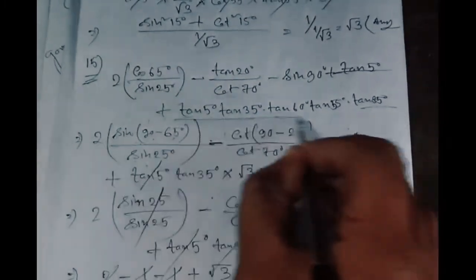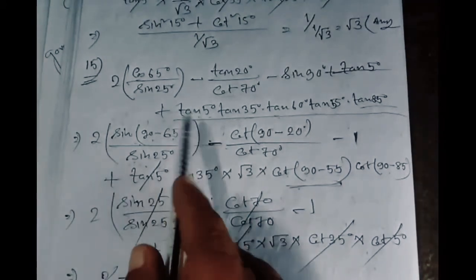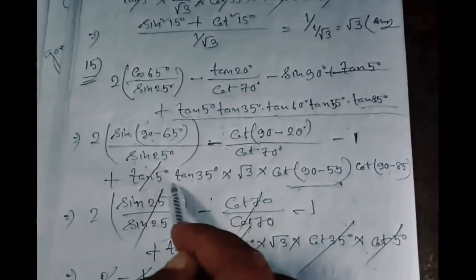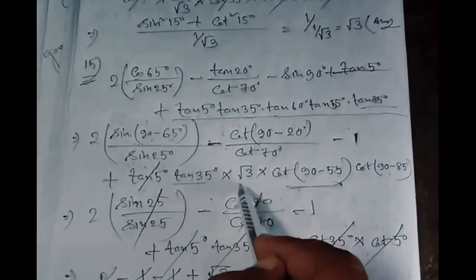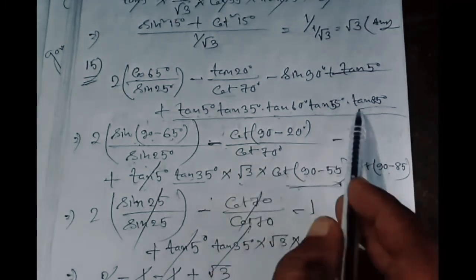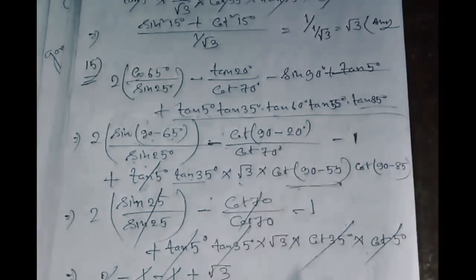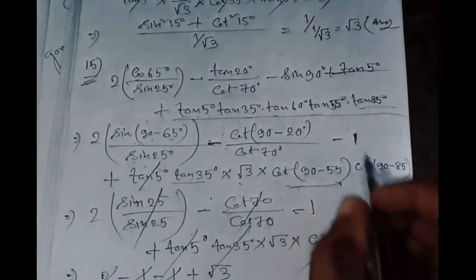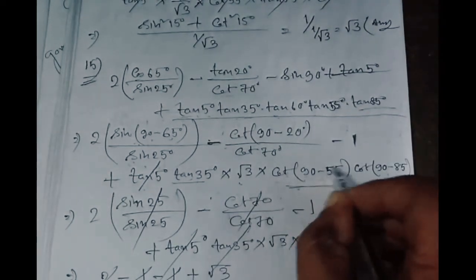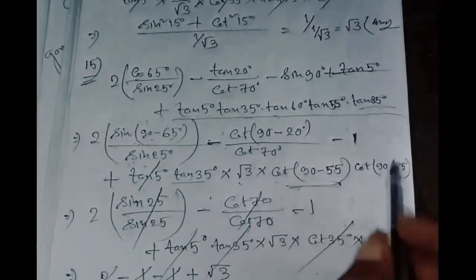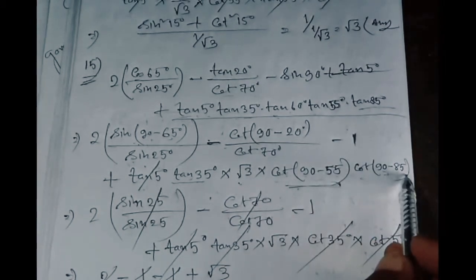From this line, this is tan 5 degree, tan 35 remains same, tan 60 degree value is root 3. Now tan 55 degree means cot 90 minus 55 degree. Now tan 85 means cot 90 minus 85 degree.